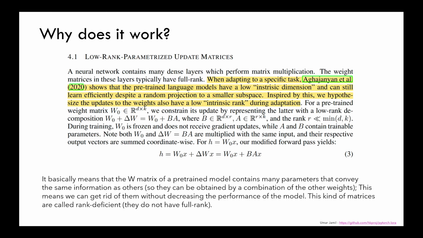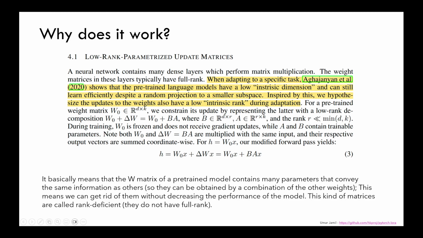Why does this work? The idea, and it's written in the paper, is that the pre-trained models have an intrinsic dimension that is smaller than their actual dimension. And inspired by this, they hypothesized that the updates to the weights also have a low intrinsic rank during adaptation.